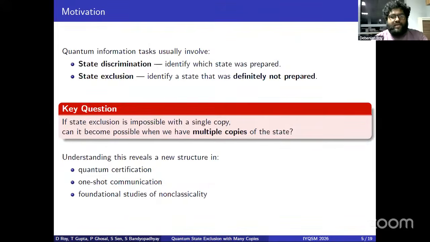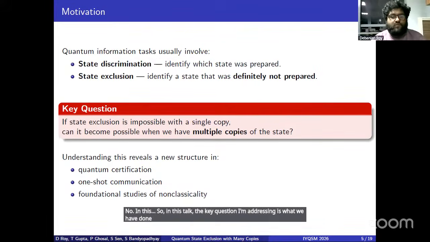Now, in this talk, the key question I'm addressing is: given a single copy, state exclusion or anti-distinguishability is sometimes not possible because not all sets of states admit state exclusion.